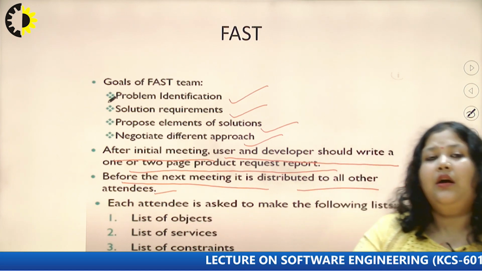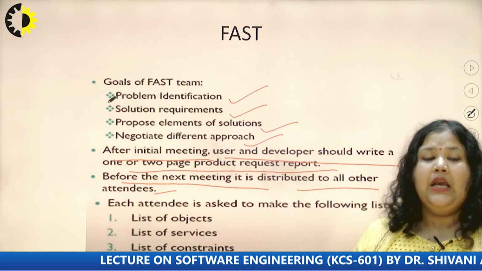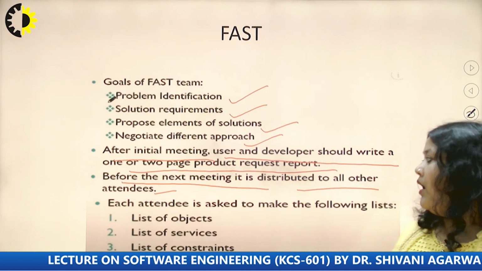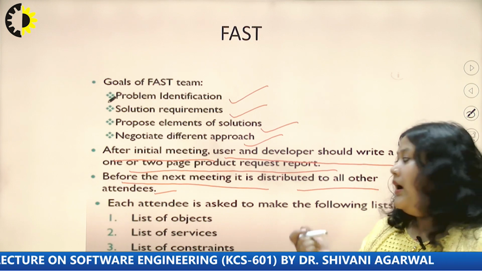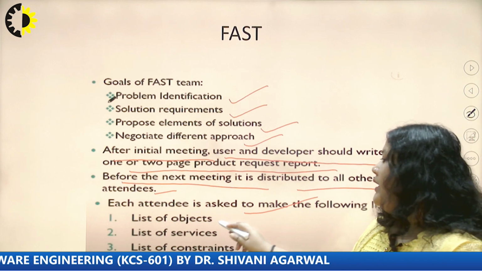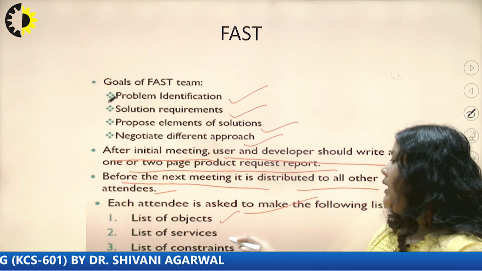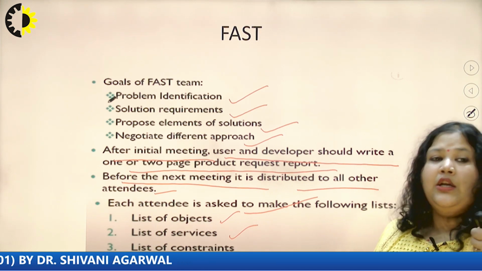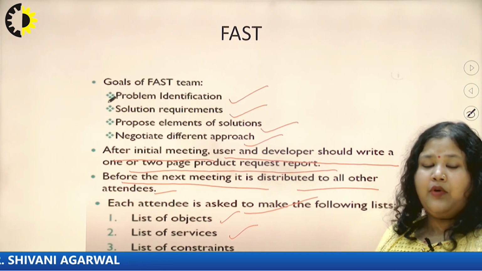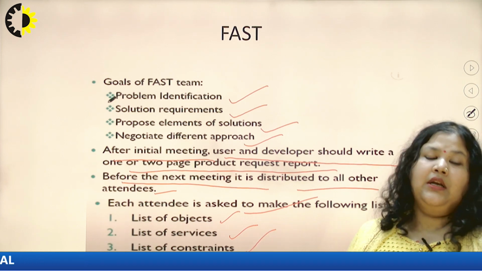because this report has to be given to all the attendees who present the solution of that particular problem. Each attendee has the following lists: a list of objects defined for the solution of that problem, a list of services used for completing that solution, and a list of constraints.